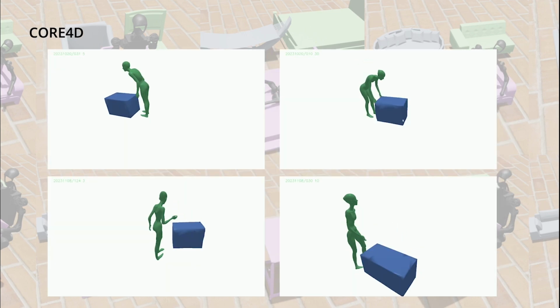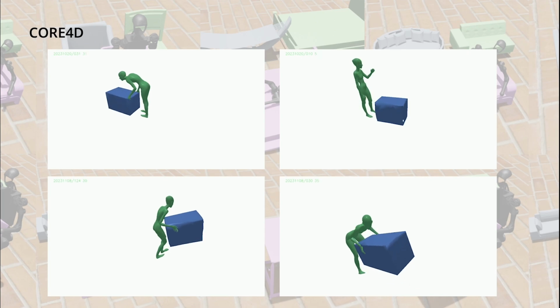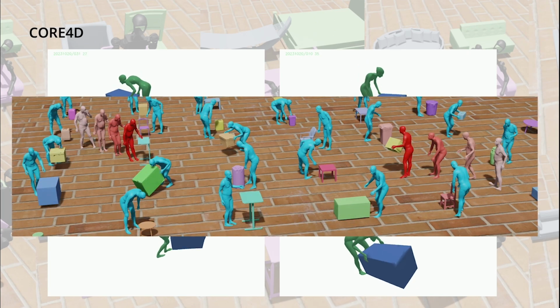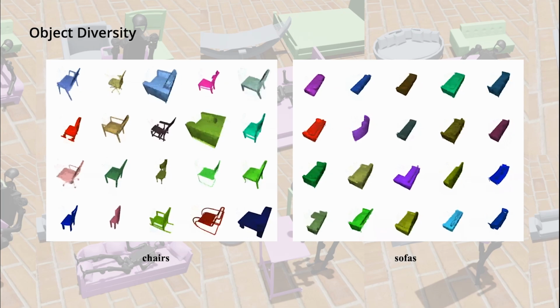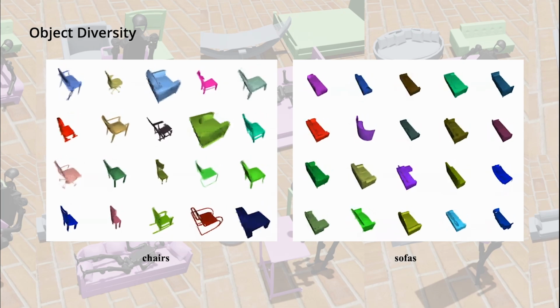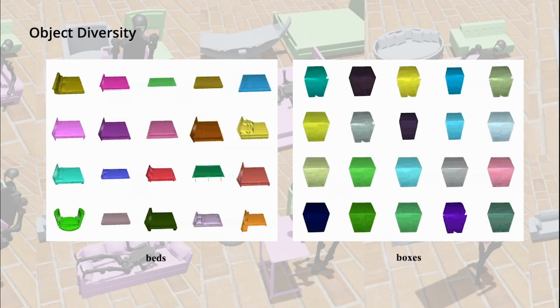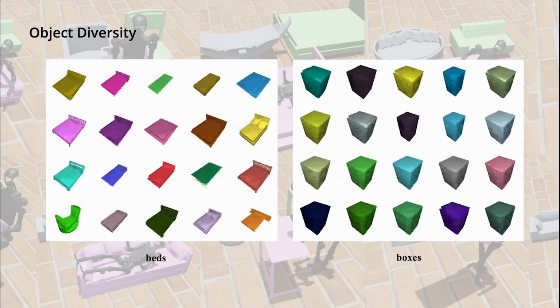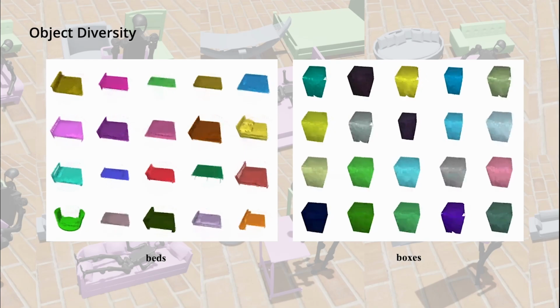For the tasks of touching points and lifting boxes, we acquire human skill references from the existing motion capture dataset Core 4D. Mimicking-Bench has a wide variety of objects and skill references, with significant diversity in object scales. By leveraging this dataset, Mimicking-Bench fosters studies on the generalizability of methods to changes in object geometry.